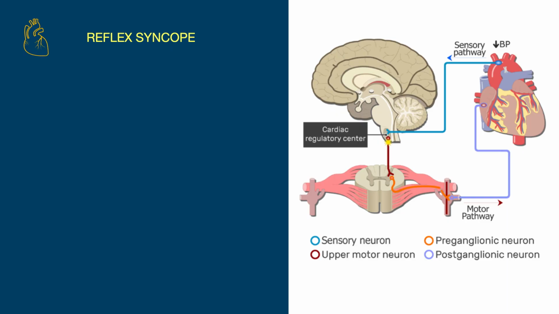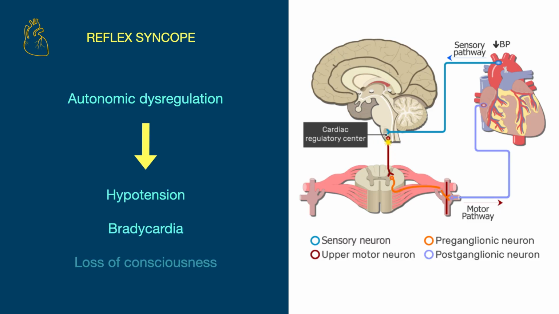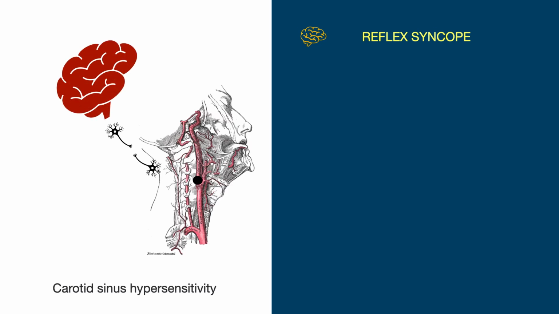Next, neurally mediated or reflex causes of syncope. In this disorder, an autonomic dysregulation takes place which results in hypotension, bradycardia, and transient loss of consciousness. Reflex syncope may be due to carotid sinus hypersensitivity.